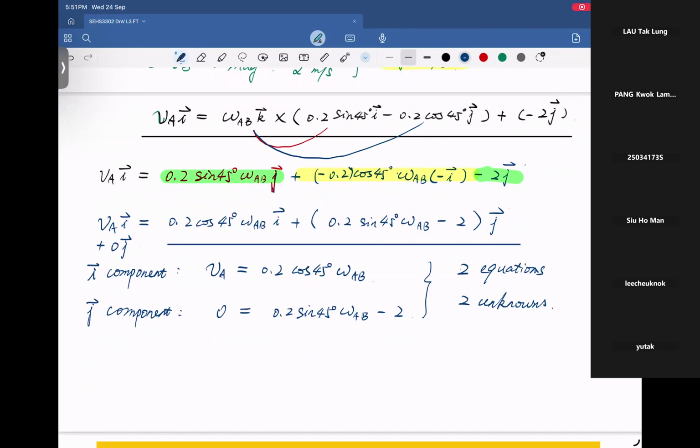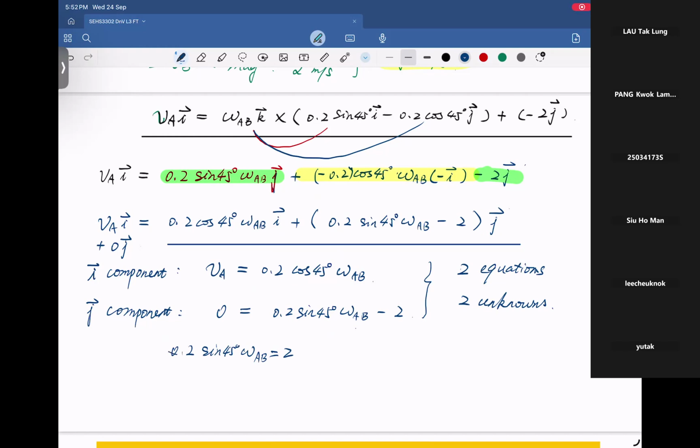How to solve it is quite easy. From the second equation, omega AB equals 2 divided by 0.2 sine 45, and sine 45 equals cosine 45.